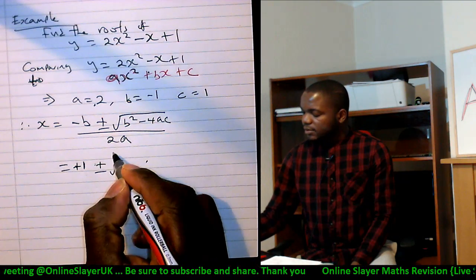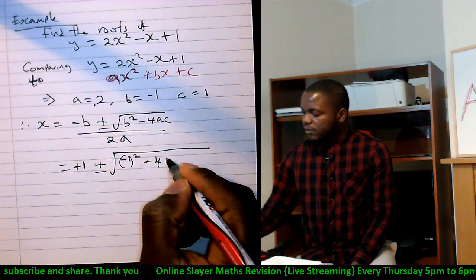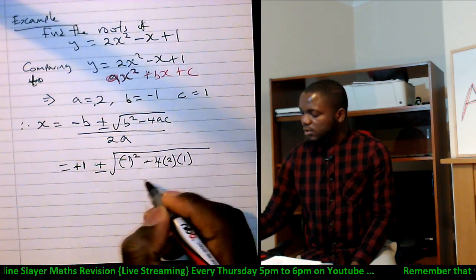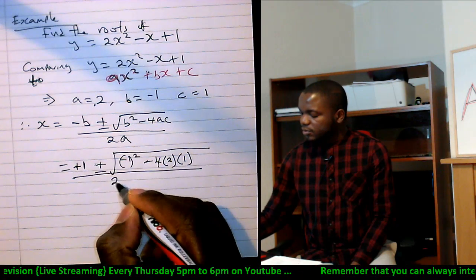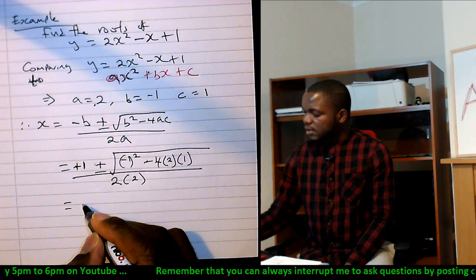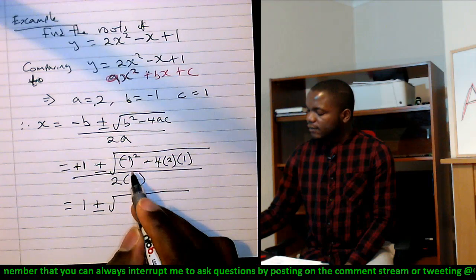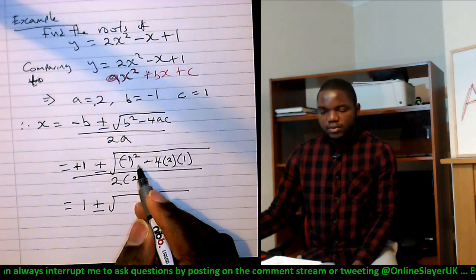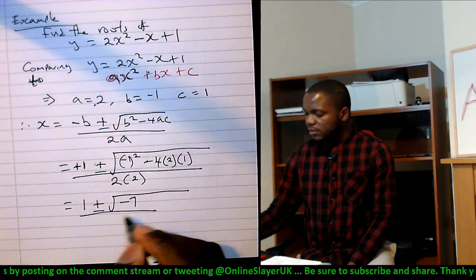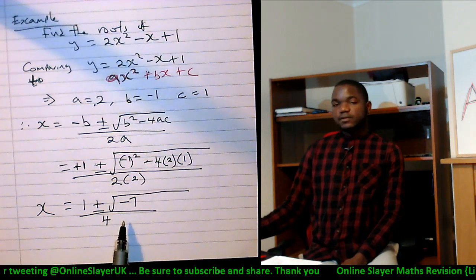Plus or minus square root of b squared, which is minus 1 squared, minus 4 times a is 2, times c is 1, all divided by 2 times a, which is 2 times 2. And that gives us 1 plus or minus square root of 1 squared, which is 1, minus 8, 1 minus 8 is minus 7, all divided by 4. So x is 1 plus or minus square root of minus 7 over 4.